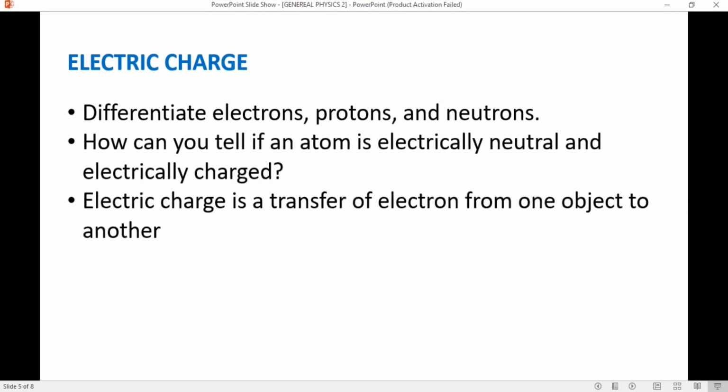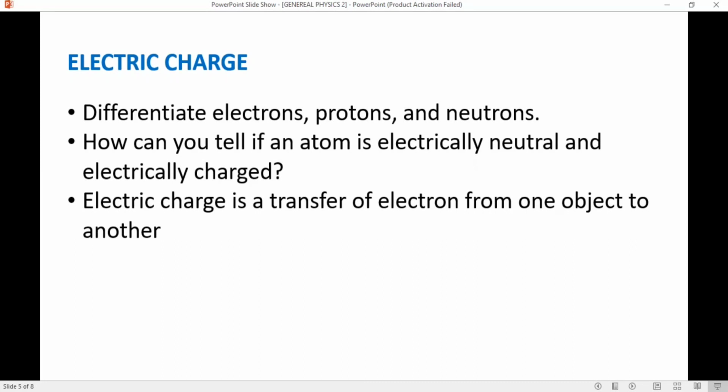Now, electric charge is a transfer. Remember this. Electric charge is a transfer of electron from one object to another. So, ang definition po natin kanina ng electric charge, it is a physical property of matter that causes it to experience a force. Since it is a physical property of matter that causes it to experience a force, there is a transfer that happens.